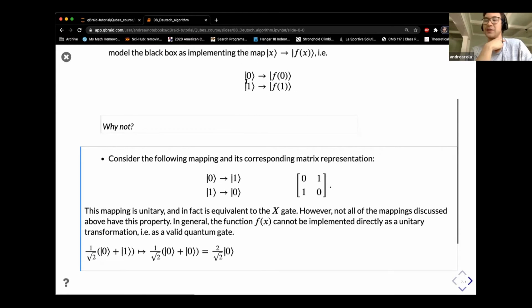So if I don't write a unitary function, this is not a valid quantum evolution. It's just not something that happens in the real world. Anything that happens in the real world has to be a unitary evolution. That's why we care about unitary functions.